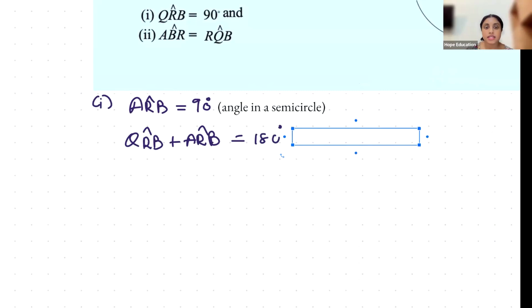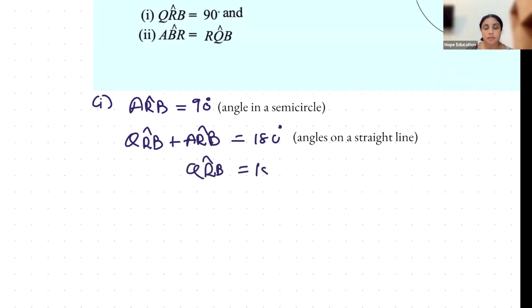And ARB is 90, therefore QRB equals 180 minus 90. Therefore, QRB is equal to 90 degrees.